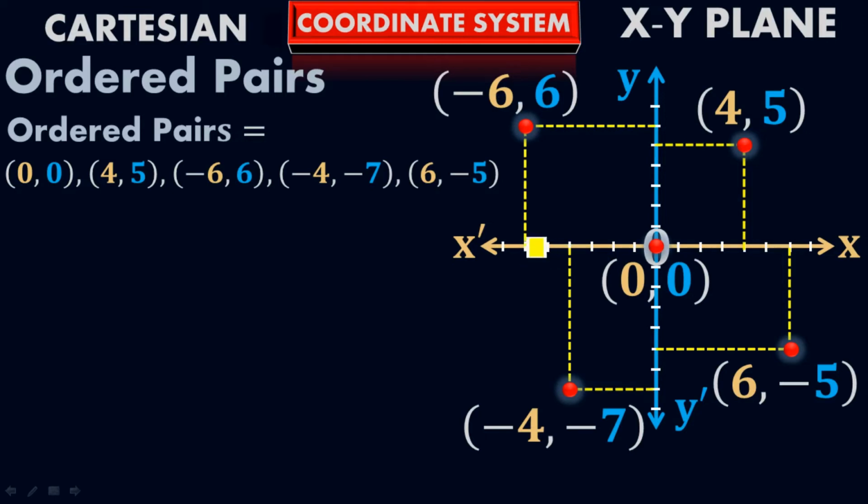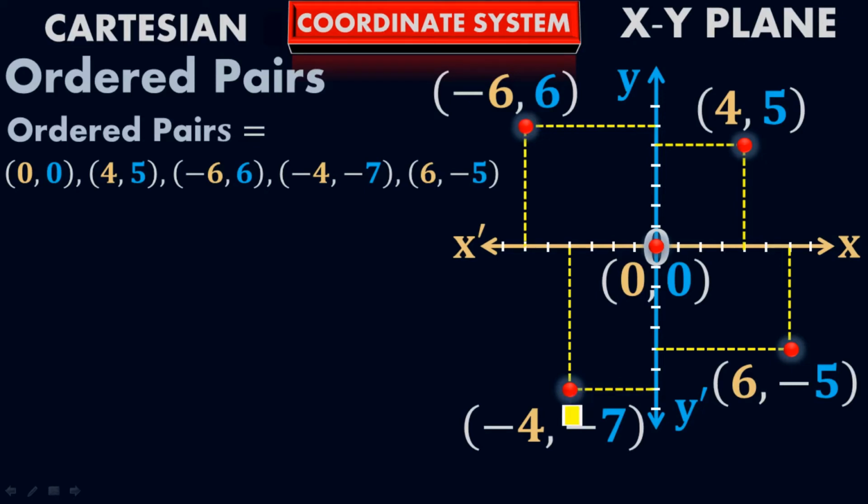But positive 6 along the y-axis: positive 1, 2, 3, 4, 5, 6. So in this ordered pair, we have a negative value for x and a positive value for y. It comes inside the second quadrant.